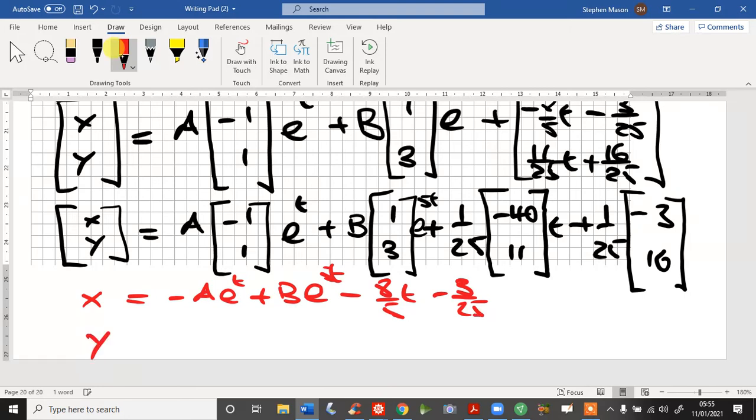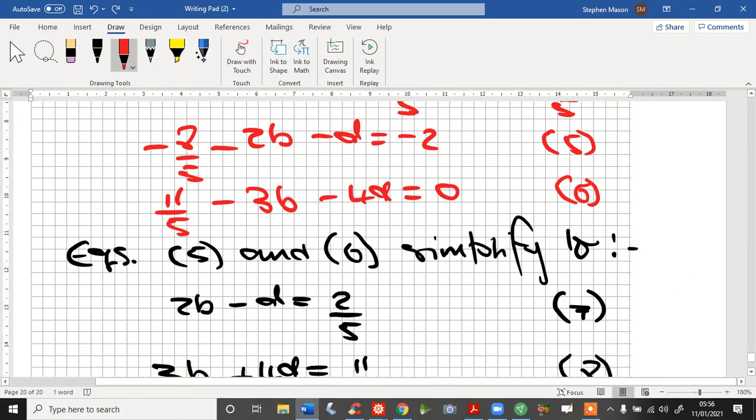And so separately, the y function is a e to the t plus 3b e to the 5t plus 11 over 25, oops, coming off the page there.